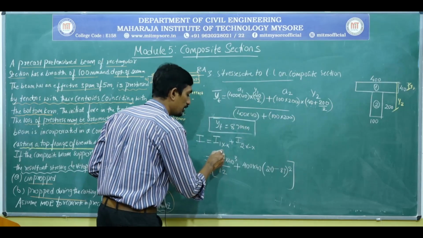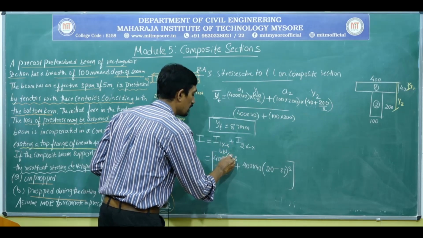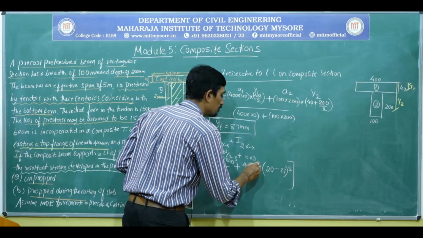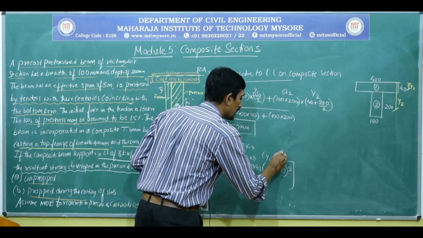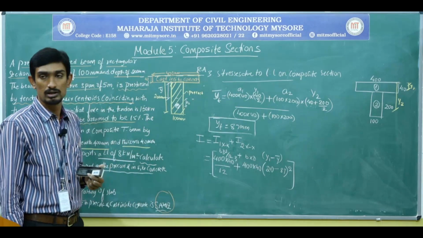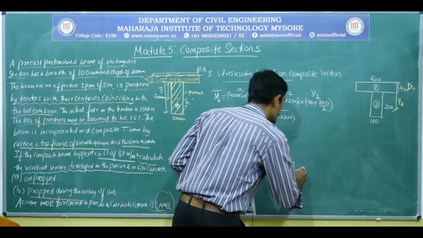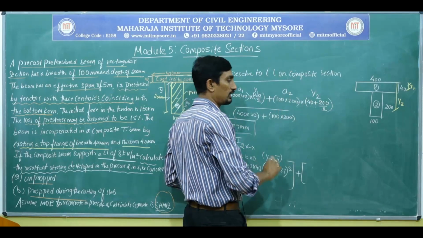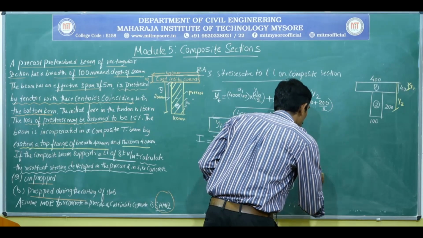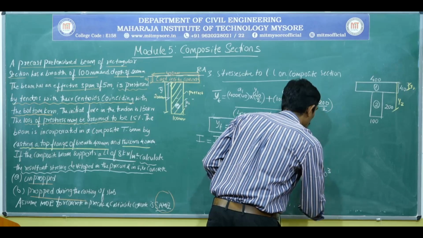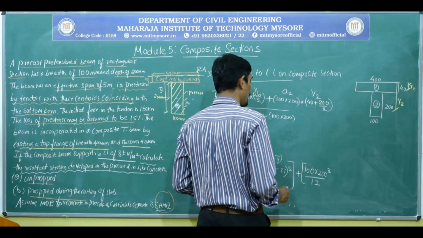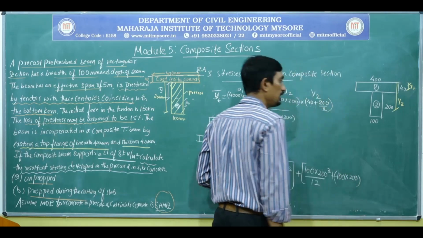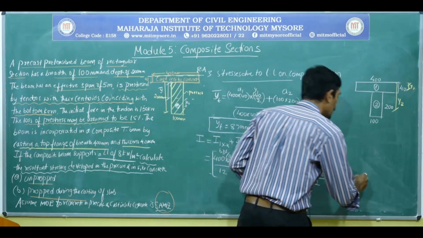I will repeat: BD cube by 12 plus B into D multiplied by Y1 minus Y bar whole square. Like that, write down plus the moment of inertia of the second section, which is also a rectangle, hence the formula BD cube by 12, 100 into 200 cube by 12, plus 100 into 200 multiplied by Y2.